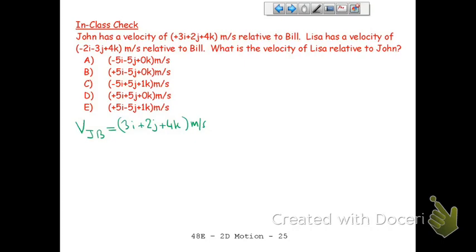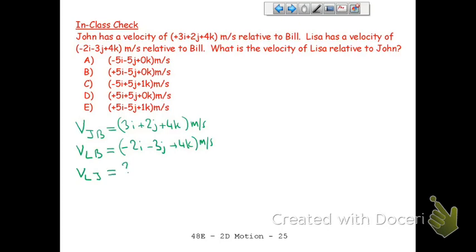And then Lisa has a velocity relative to Bill of minus 2I minus 3J plus 4K meters per second. What is the velocity of Lisa relative to John?